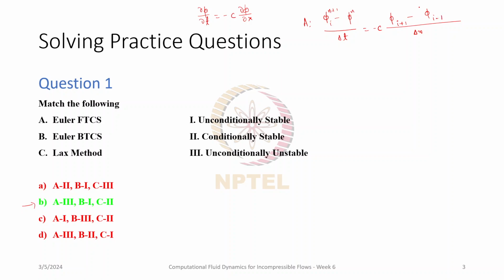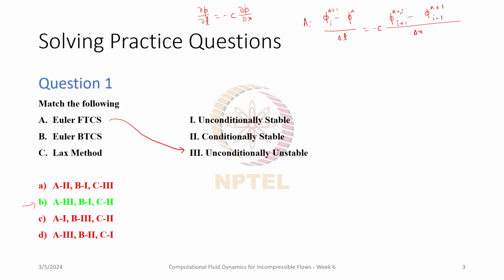And since it's forward in space, it's an implicit type of a scheme, so this would be n plus 1. And as we know, implicit schemes mostly are unconditionally stable. Sorry, this one is unconditionally unstable, so A should be 3.